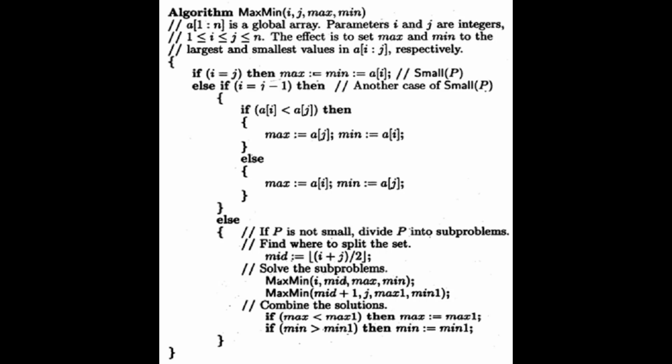These are the two cases of the smallest problem in this algorithm: if the local array contains only one element, that is the smallest case; another case, if the array contains two elements.